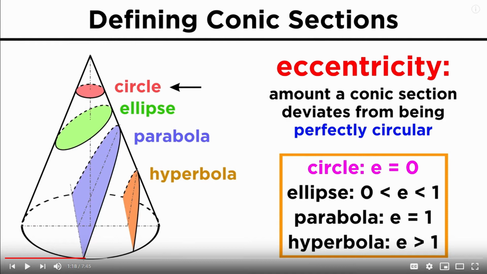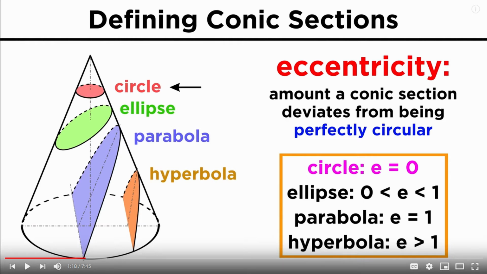So there wouldn't be any further. The ellipse will be greater than 0, but less than 1, so it's near a circle.